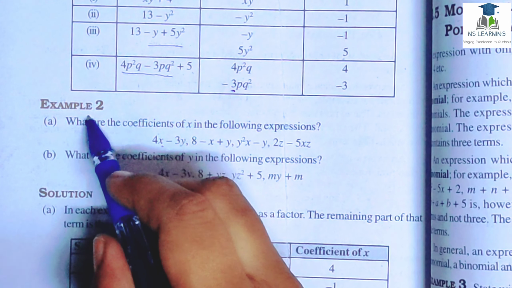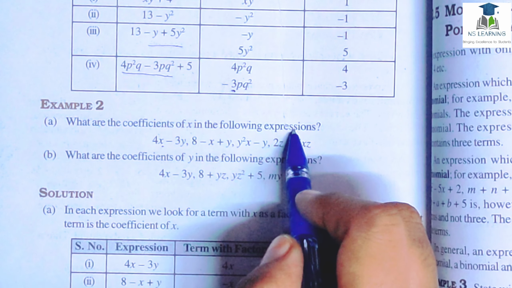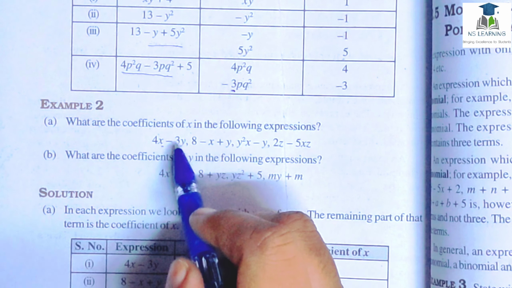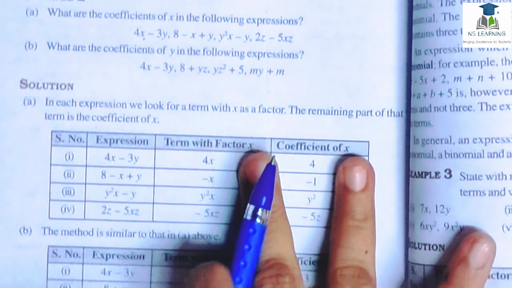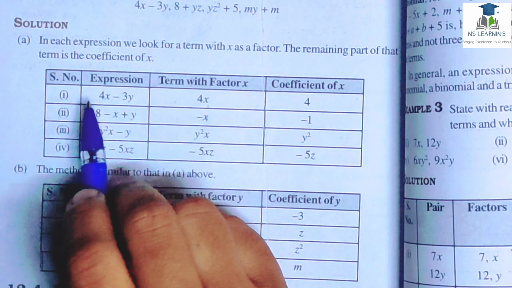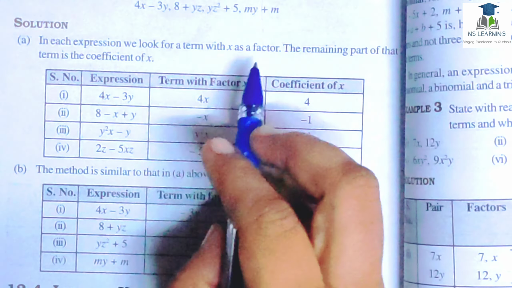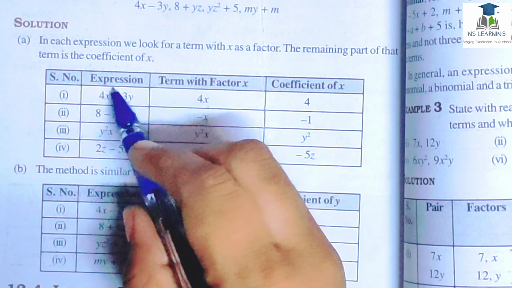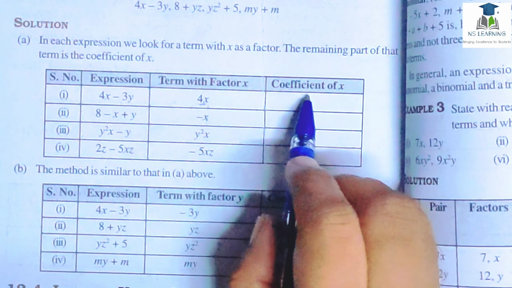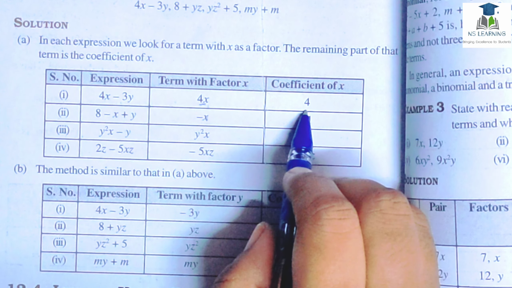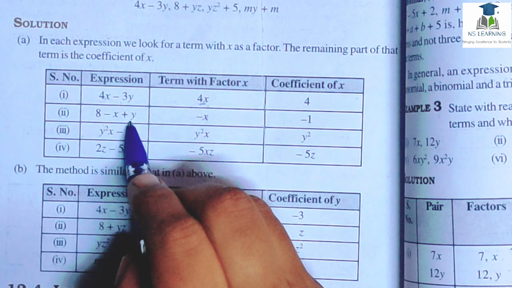Now we will move on to the second example. What are the coefficients of x in the following expressions? It means we are going to find the particular coefficient of the variable x. The solution is already given. First expression, 4x minus 3y. Here the term with factor x is 4x, and 4 is the coefficient of x. Second example, 8 minus x plus y.